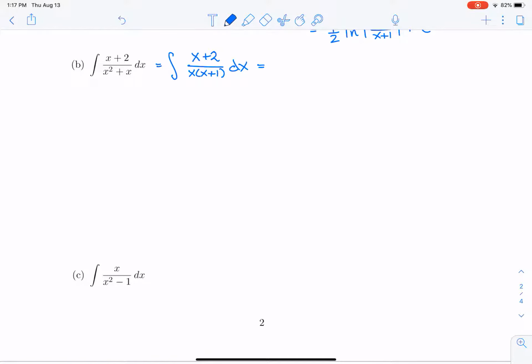And I want to rewrite this as a over x plus b over x plus 1 dx.